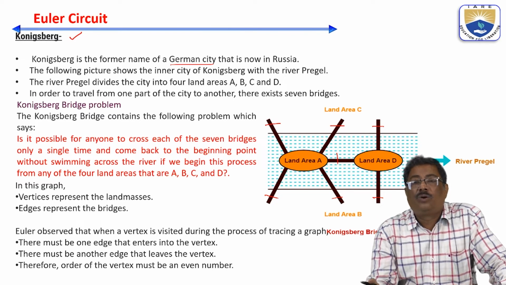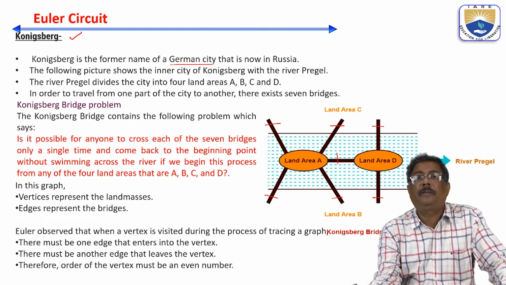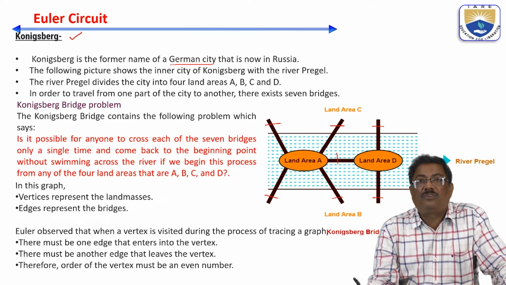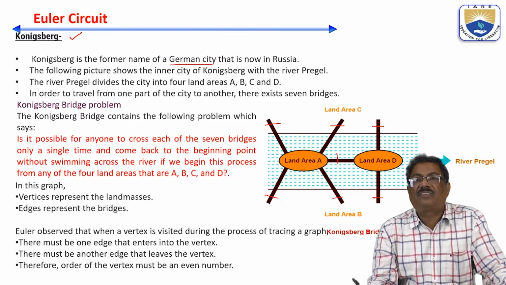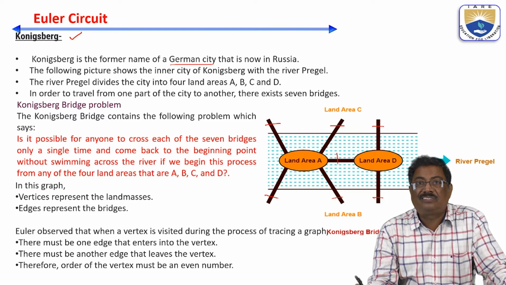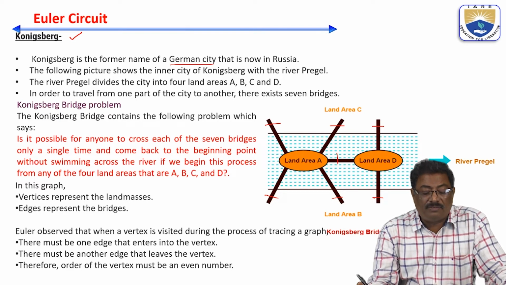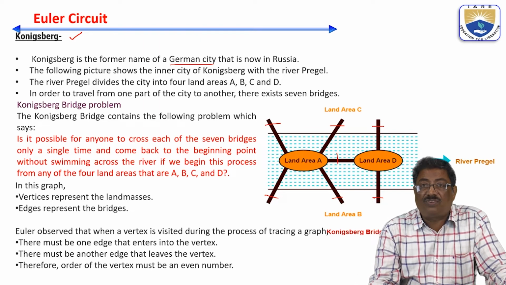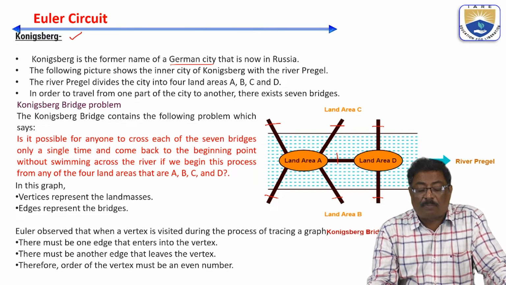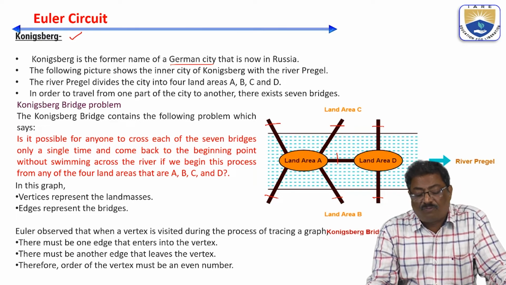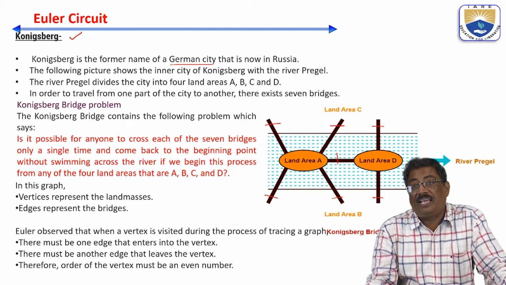Now, what is the Königsberg bridge problem? This is the question: is it possible for anyone to cross each of the 7 edges only a single time and come back to the beginning point without swimming across the river, if we begin this process from any of the 4 land areas, that are A, B, C and D?